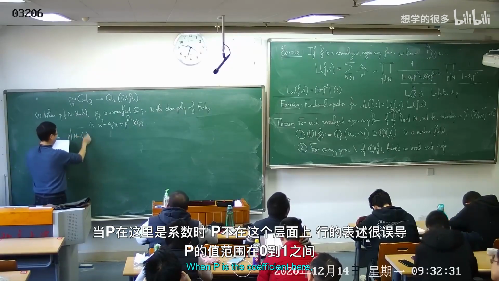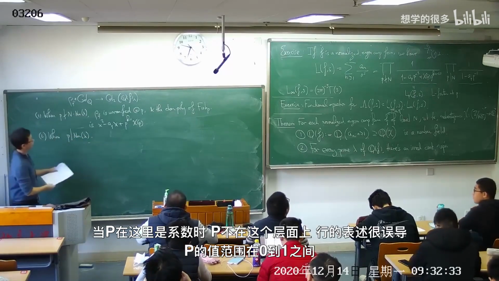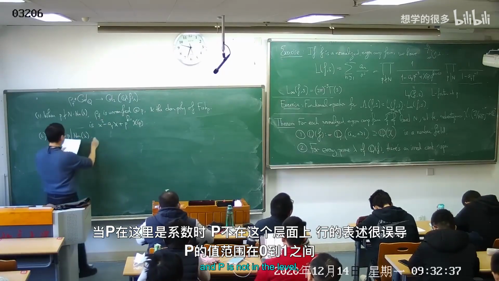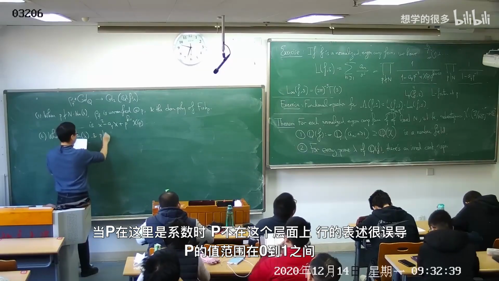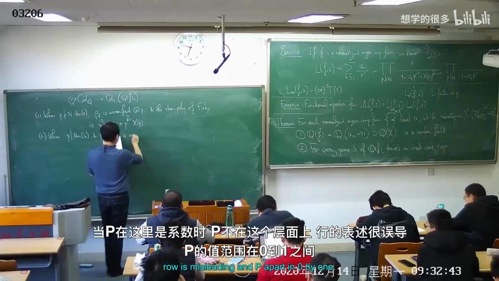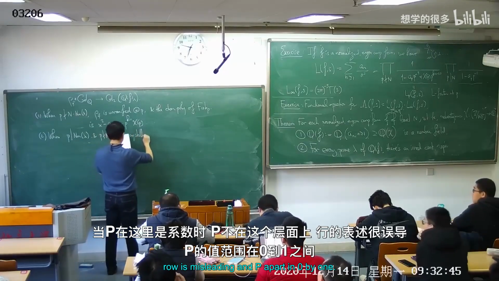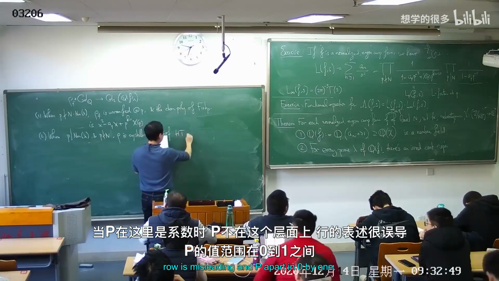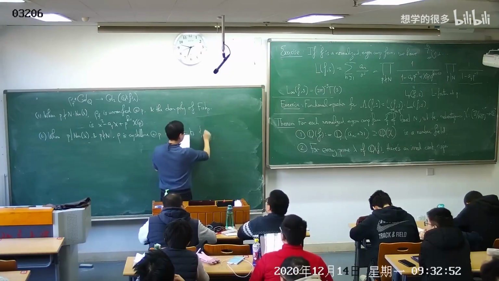When p is not in the level, rho is crystalline at p with Hodge-Tate weights 0 and k minus 1.